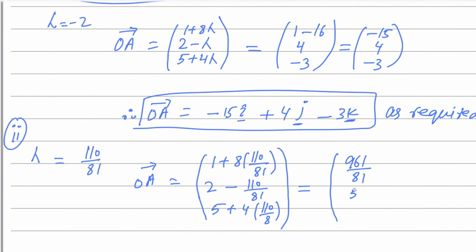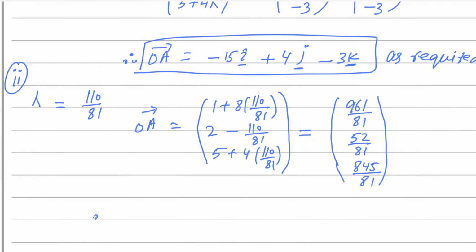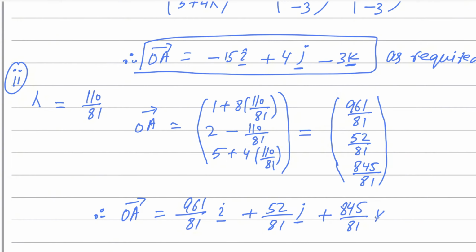Second answer is 52 over 81. And the third answer is 845 over 81. Therefore, this is the other position vector for A. We can extend it: 961 over 81 i plus 52 over 81 j, and the last one is 845 over 81 k. So the second part is done.